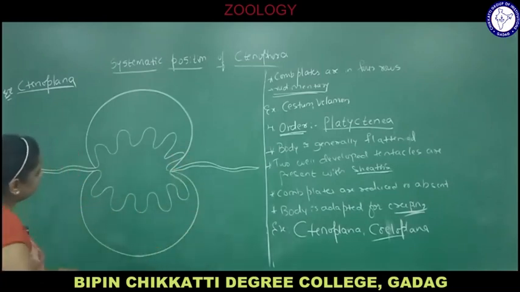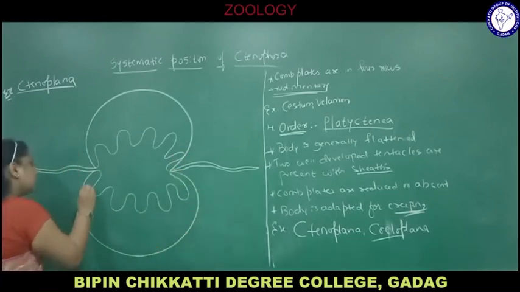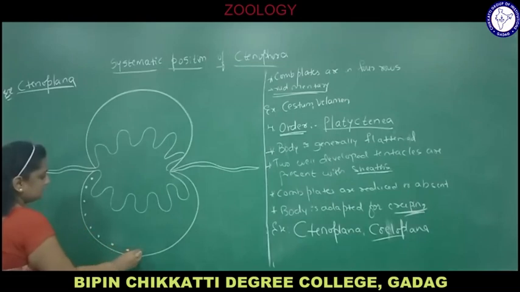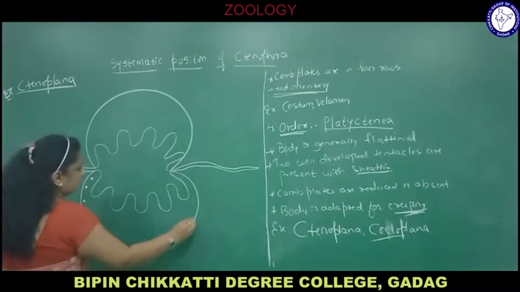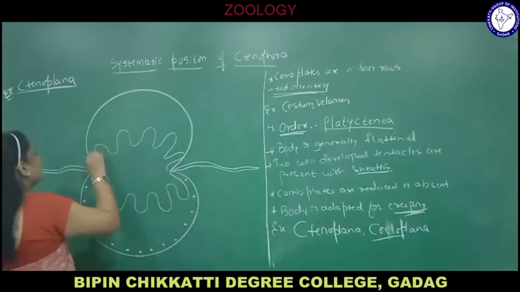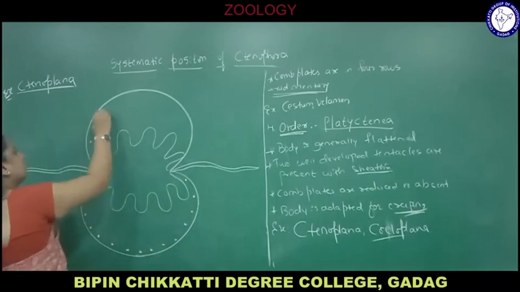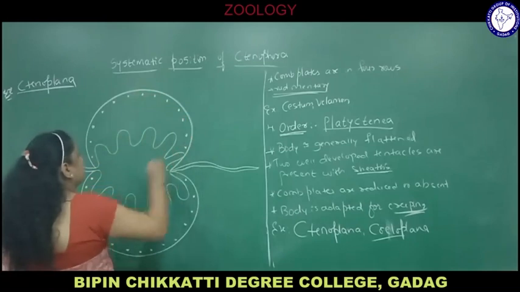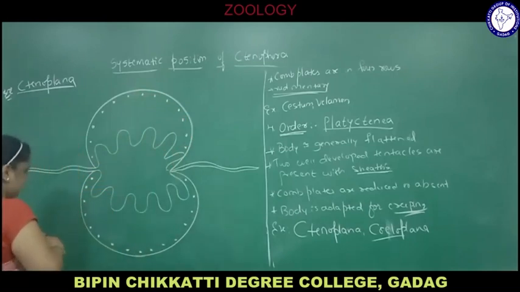There are pigmented spots in these animals. You can see some pigmented spots. These are tentacles.